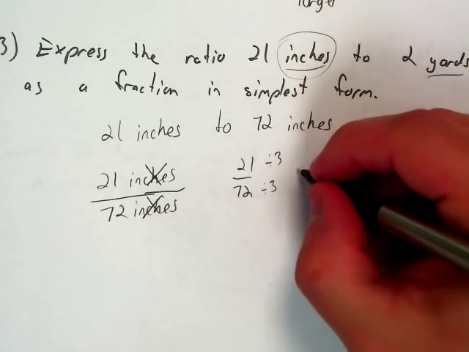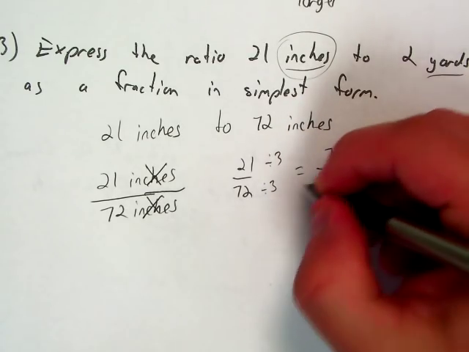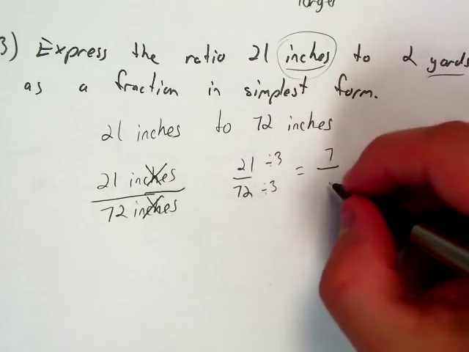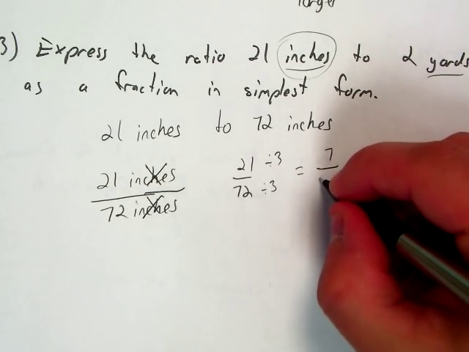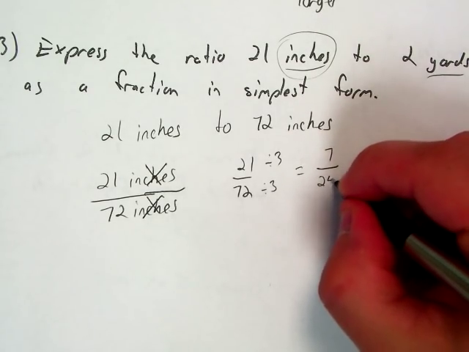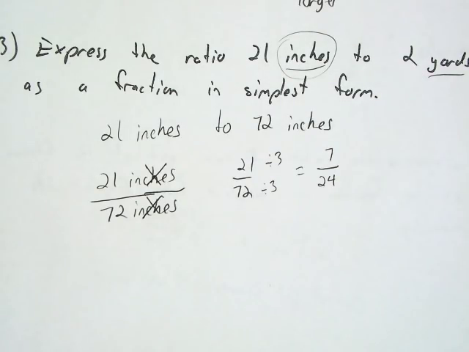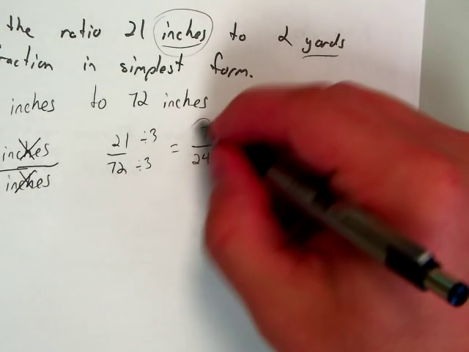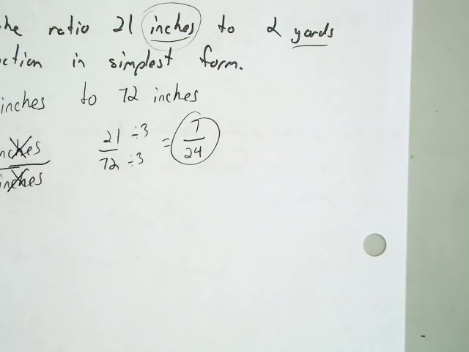So if I do 21 divided by 3, I get 7. I get 72 divided by 3, I will get 24. So when I simplify 21 inches to 2 yards, I get it all the way down to 7 over 24. And that is the fraction in simplest form with the ratio of 21 inches to 2 yards.